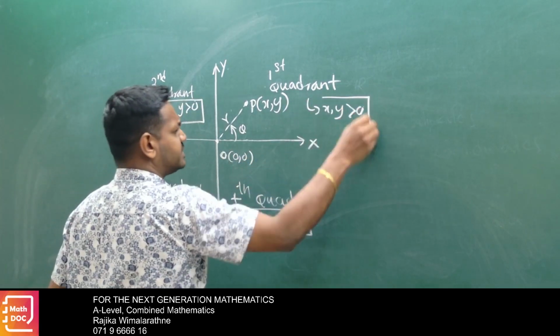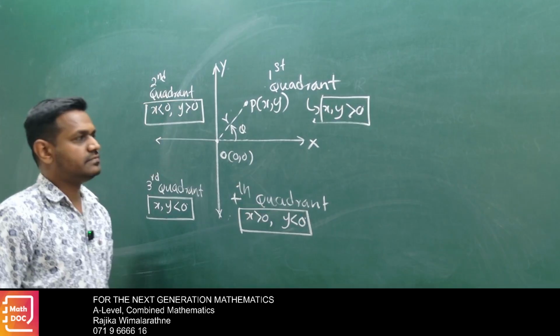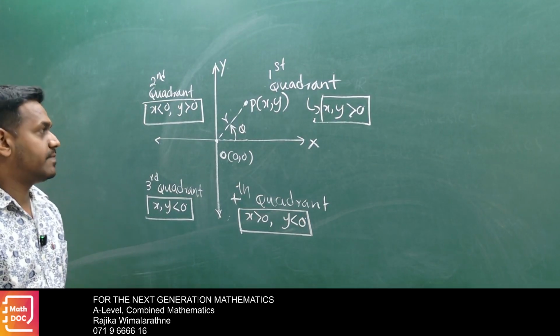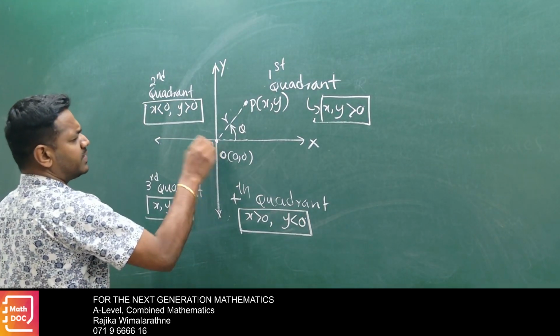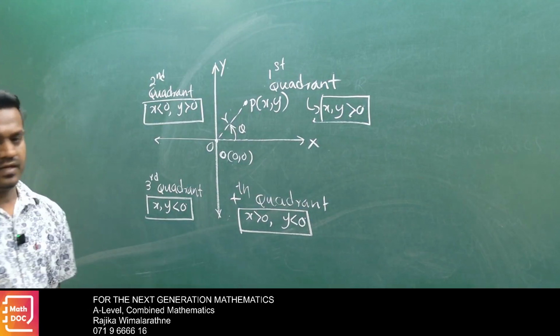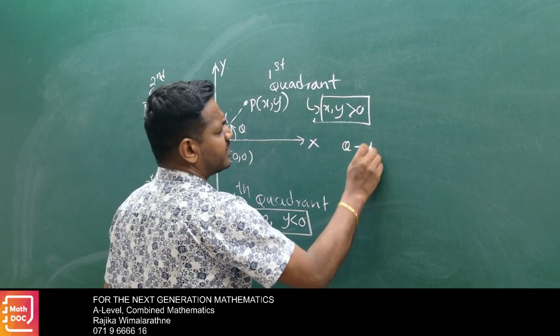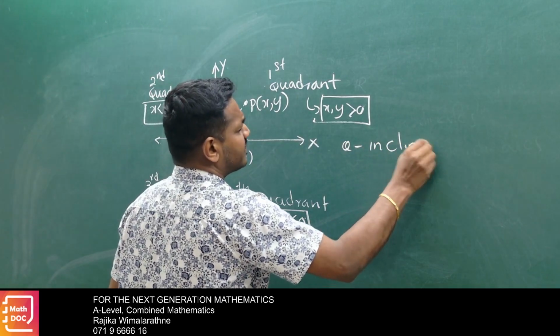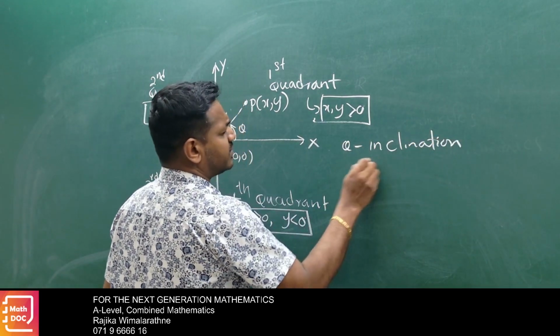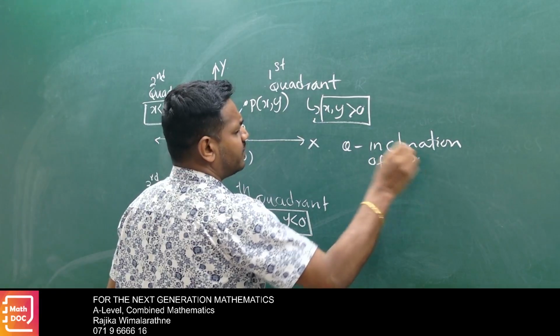So we know these things. Just write. Here P, theta is the inclination of OP.